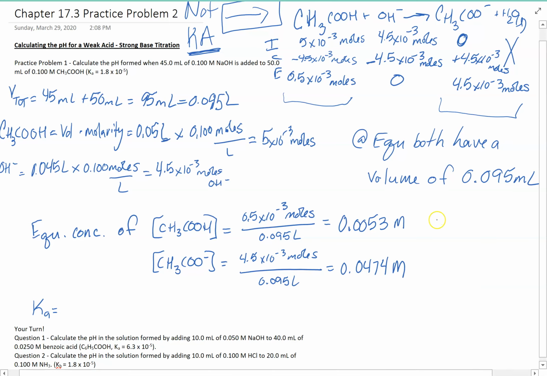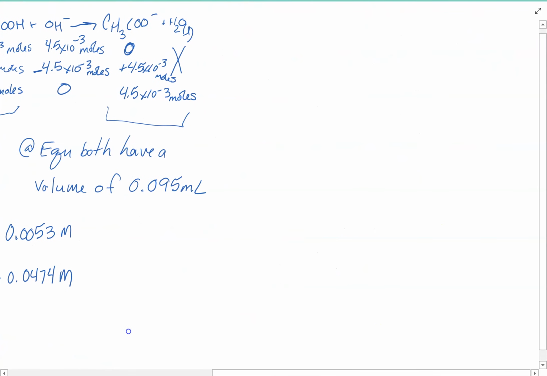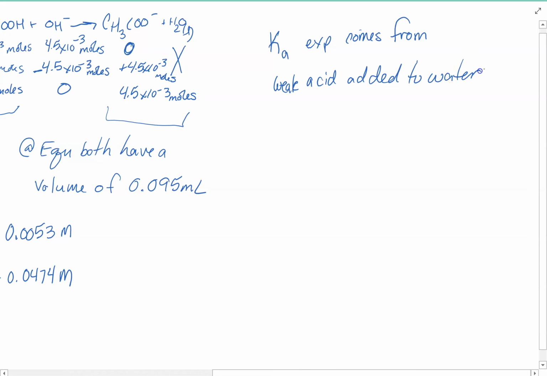So the Ka expression, and I'm going to write it over here, is going to come from the weak acid added to water. Review that from chapter 16.